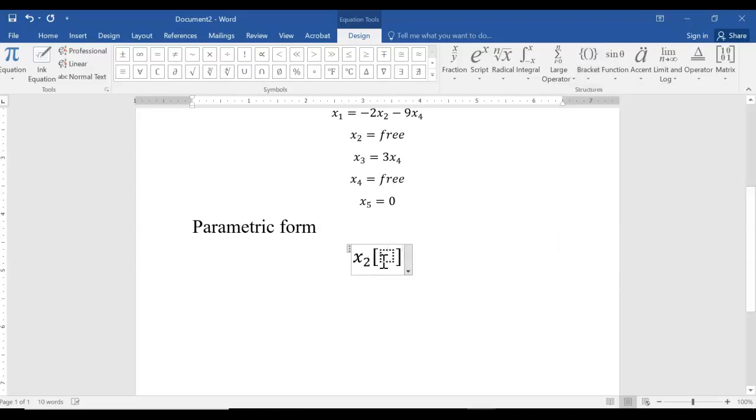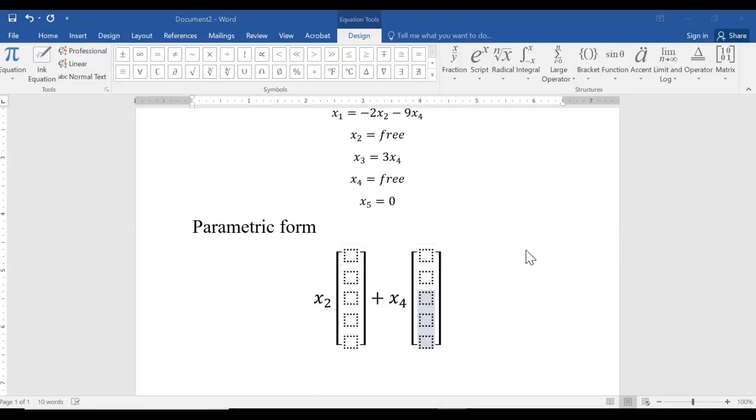Since we're going to have 5 entries, our vector in parametric form is going to have 5 entries. Next, our other free variable is x4. We're going to multiply that times some vector, and again, that vector is going to have 5 entries. So we put those down, put the vectors.